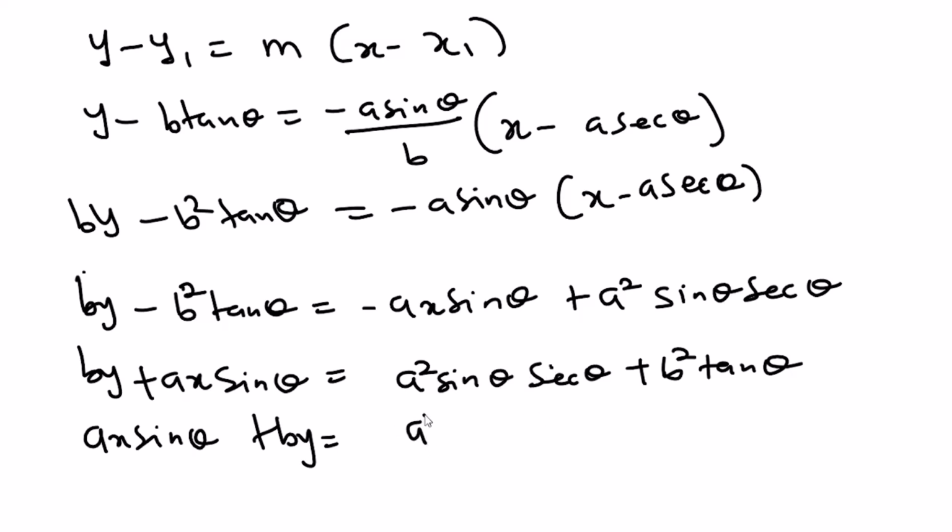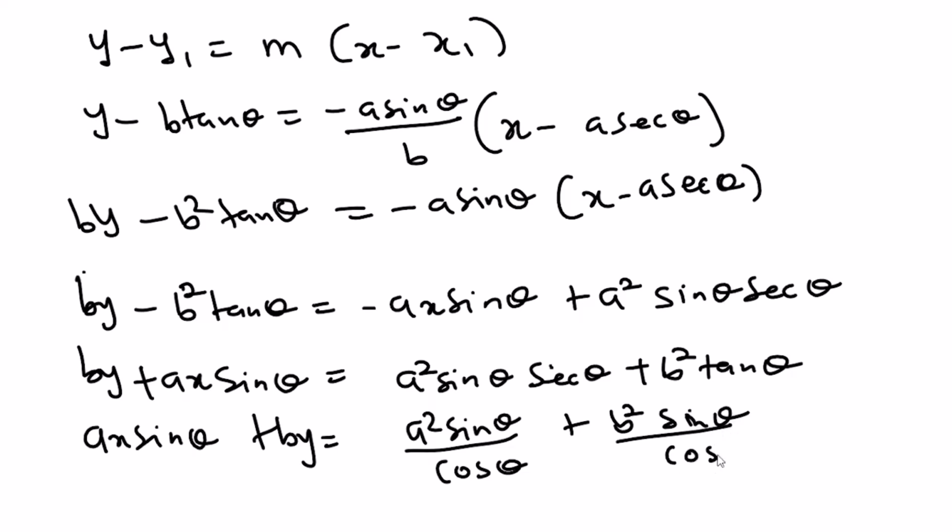So we have a squared sine theta divided by cos theta, then plus b squared multiplying the sine theta divided by cos theta.